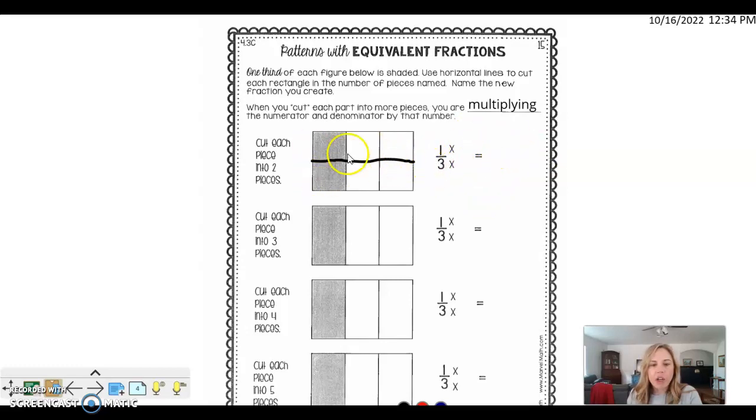And I know that my new fraction is, well, we have 2 shaded parts out of 1, 2, 3, 4, 5, 6. Well, what did we multiply times 1 to get 2? Well, 1 times 2 is 2. And 3 times 2 is 6.